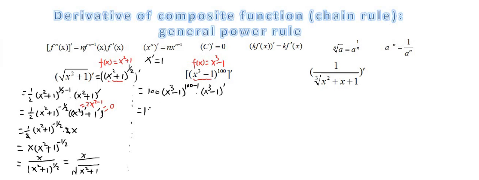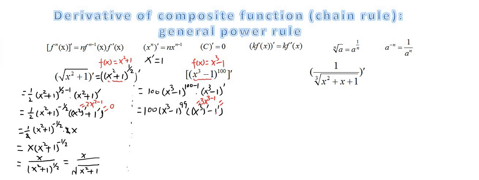So we have 100 times x cubed minus 1 to the power 99, and here is the derivative of the difference of two functions. That means we can do the derivative for each function. And for the first function, we can apply the power rule. We're going to get 3 times x to the power 3 minus 1.